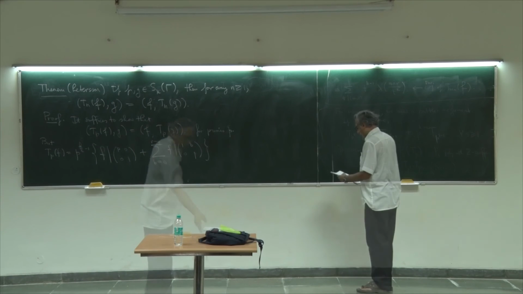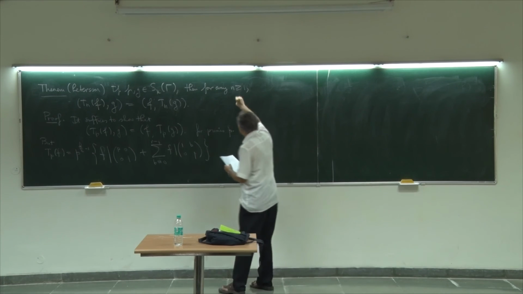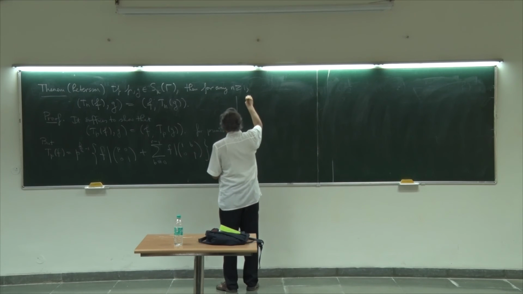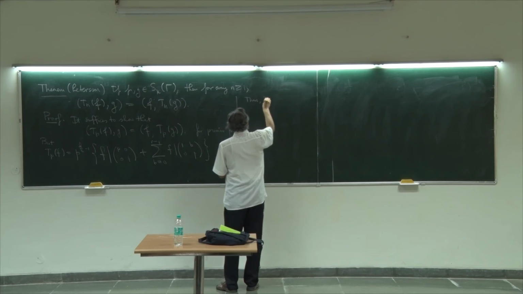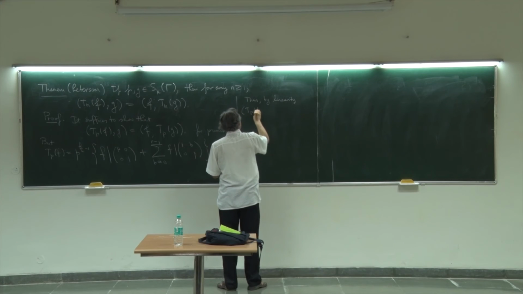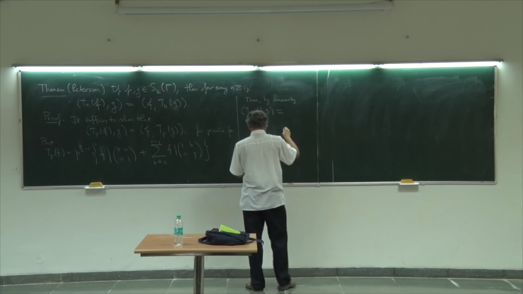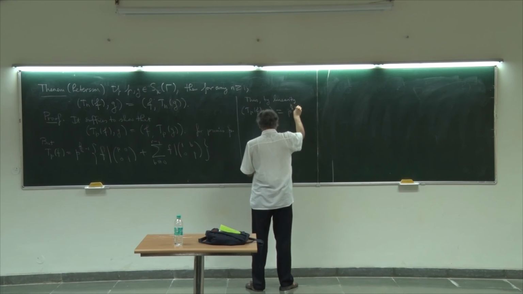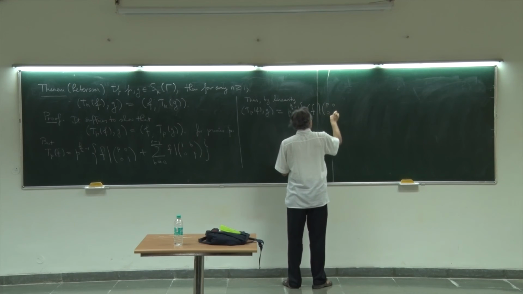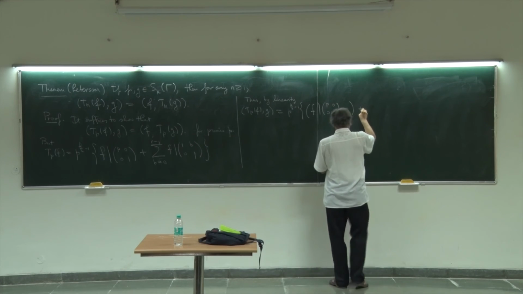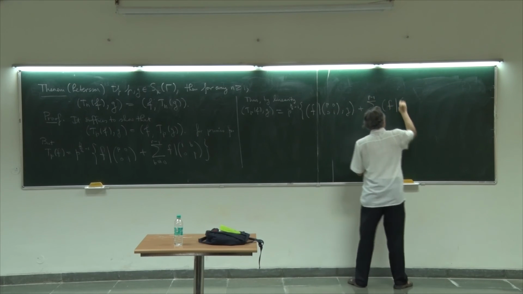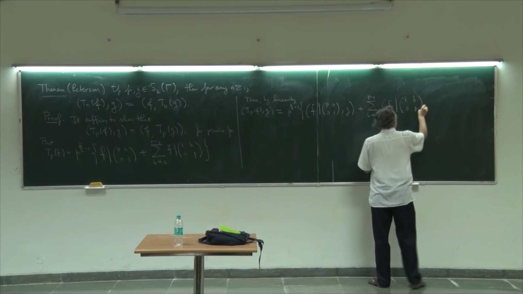Okay, so now, by our earlier work, thus, by linearity, the inner product of T_p f with g is simply equal to p^{k/2-1} times the inner product of f slash (p 0; 0 1) with g, plus the summation b going from 0 to p minus 1 of the inner product of f slash (1 b; 0 p) with g.